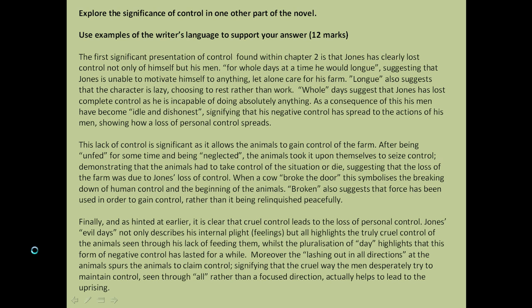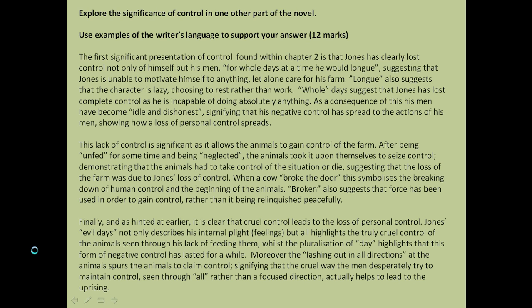So there's a perceptive idea, not necessarily animals just took power, it's actually that they had to take it because of the way in which Jones had neglected his control. When a cow broke the door, this symbolises the breaking down of human control and beginning of the animals. Broken also suggests that force has been used in order to gain control, rather than it being relinquished peacefully, showing that control obviously is something forcefully taken.